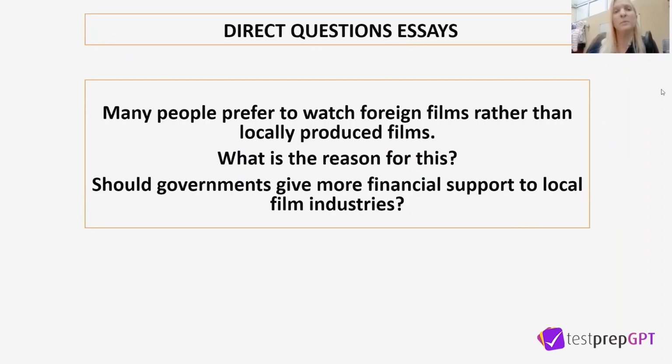Example, many people prefer to watch foreign films rather than locally produced films. What is the reason for this? Should governments give more financial support to local film industries? So you have to, in this essay, answer both questions. So you need to give the reason why people prefer to watch foreign films.